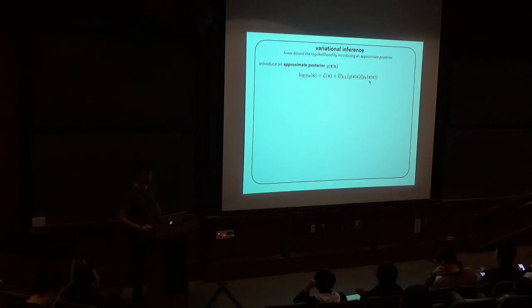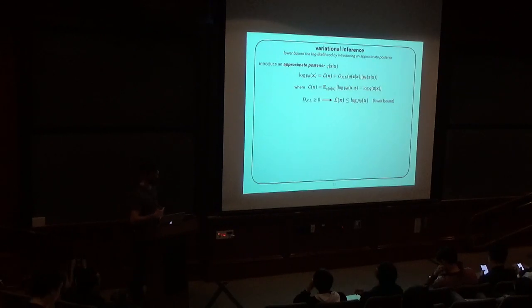So now we've taken the quantity that we want to evaluate and split it out into these two terms. And this quantity L is often called the evidence lower bound, or the ELBO, and that is expressed in this form. We'll unpack that in the next slide, but just think of this as a functional here.